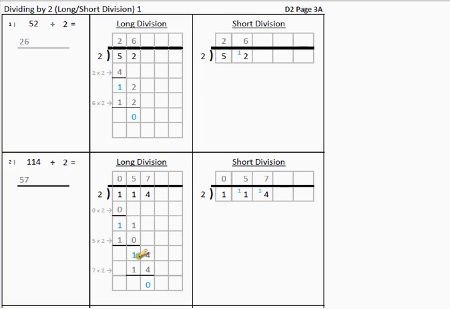And then you think 7 goes into this 14 twice. In other words, 7 times 2 is 14. We take away to get our remainder, and we get a 0, nothing. There isn't another number to bring down, so you are finished. The answer, 57. Okay, pause the video if you still want to look at this sheet.